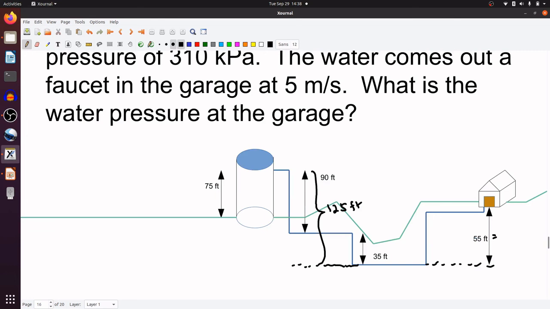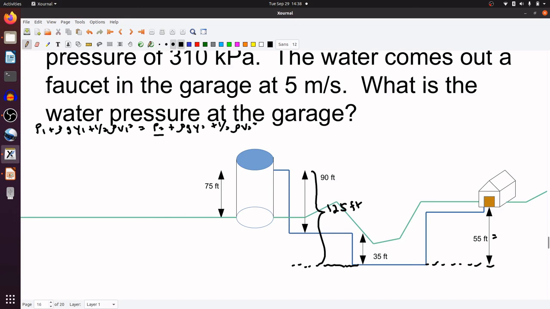Remember that is going to be P1 plus rho g y1 plus 1/2 of rho V1 squared is equal to P2 plus rho g y2 plus 1/2 of rho V2 squared.